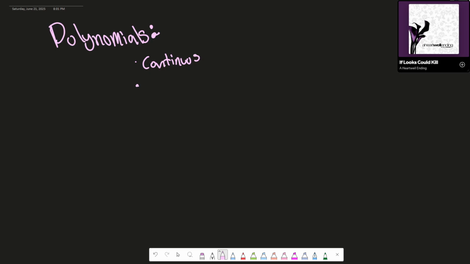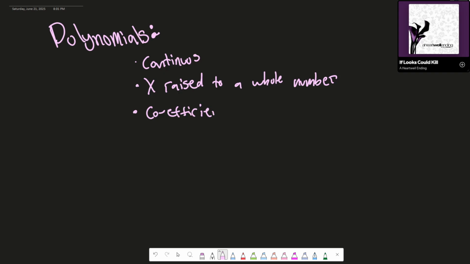It usually has a value of x raised to a whole number, and its coefficient is usually going to be a real number.